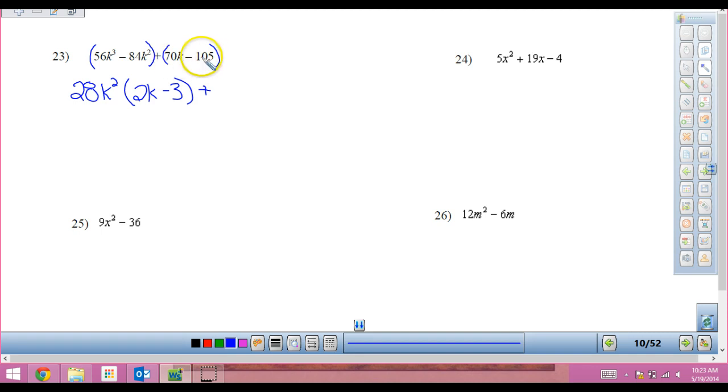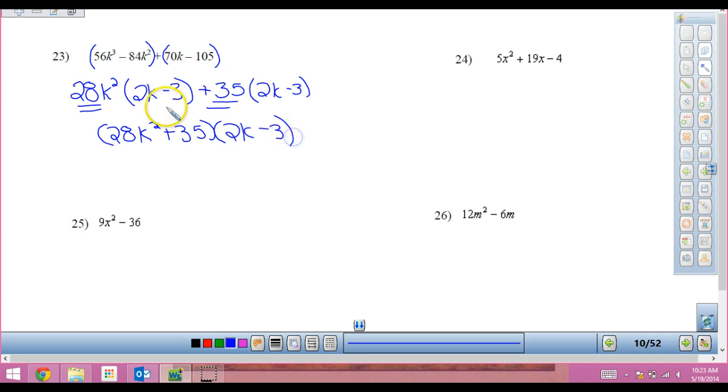If I figure out what can I take out of both of these, it's going to be a 35, and then I have 2k minus 3. So now I take this factor here, we're going 28k squared plus 35, and then our other factor is 2k minus 3.